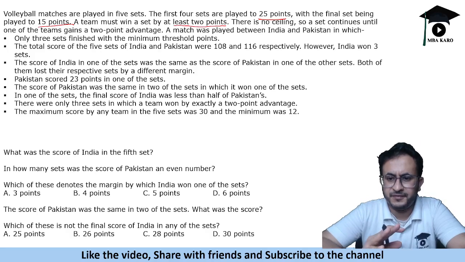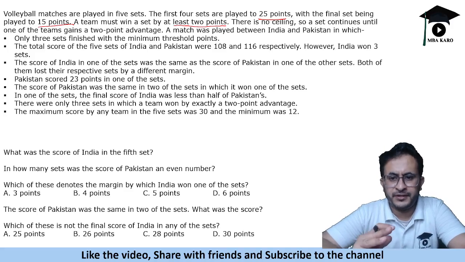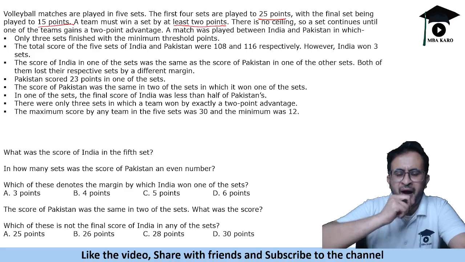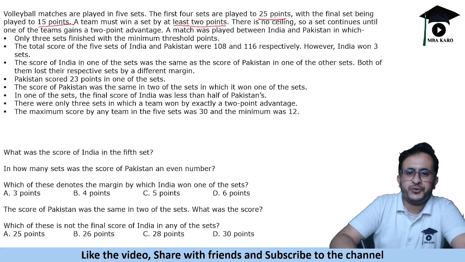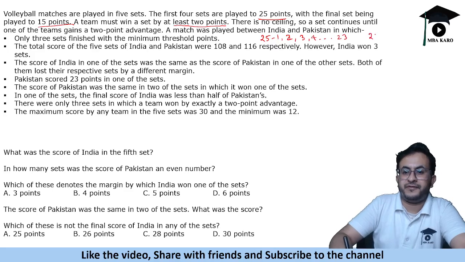If you watched that previous set in which we did that 11-point game, you must have understood what that 2-point difference means. Let's say the score is 25. You can win 25-1, 25-2, 25-3, 25-4 and so on till 25-23, but you cannot make it 25-24.